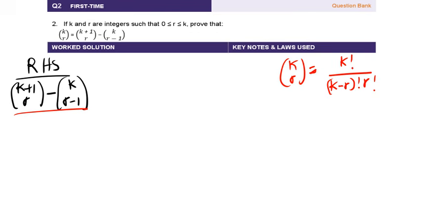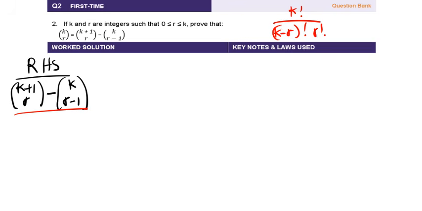So initially we just want to reach this stage, then we'll know that this is actually k choose r, because we know that this stage is the same as k choose r.